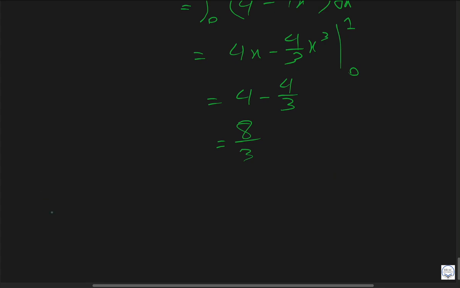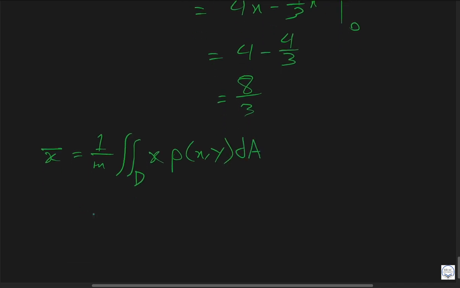8 over 3. Find the center of mass, the coordinates for the center of mass. So let's start with the x coordinate, and we know that the formula for the x coordinate is 1 over the mass times the double integral of x times rho x comma y dA.